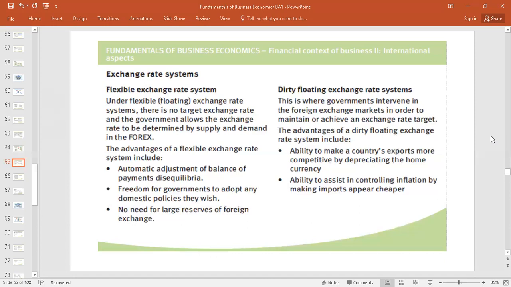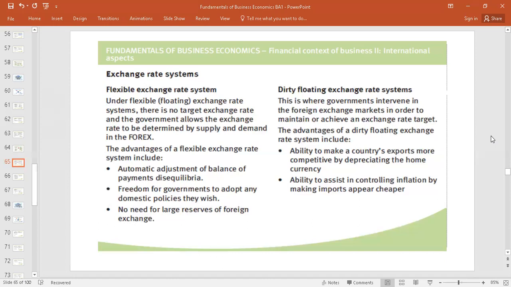The advantages of a flexible exchange rate system include automatic adjustment of balance of payments disequilibria, a freedom for governments to adopt any domestic policies they wish, and no need for large reserves of foreign exchange.